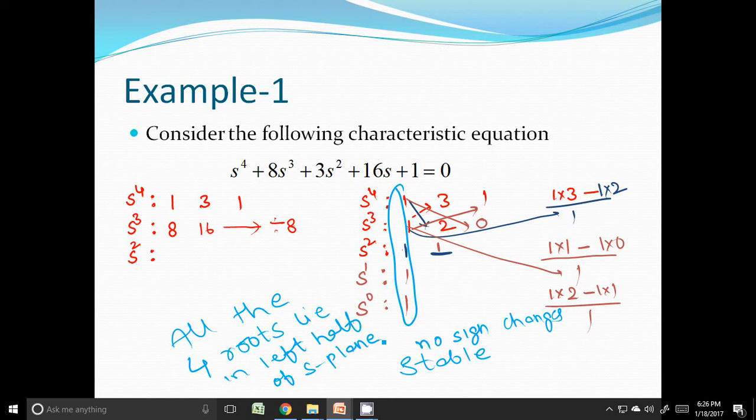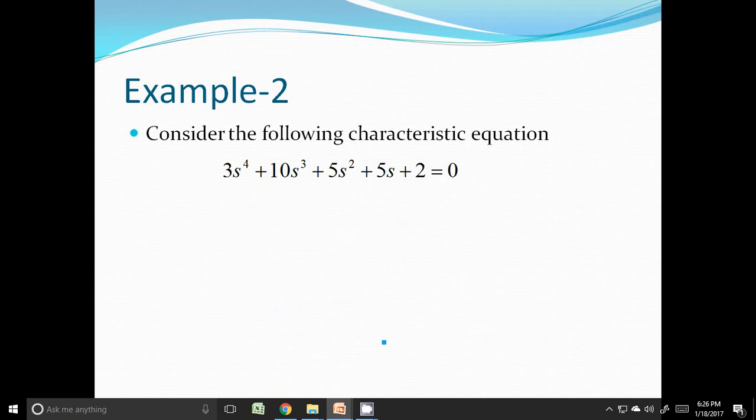Now we will try to understand the same concept with one more example. Consider the following characteristic equation: 3s power 4 plus 10s cube plus 5s square plus 5s plus 2 equal to 0. The maximum power is s power 4. The first row should consist of coefficients of even power: the s power 4 coefficient is 3, the s square coefficient is 5, and the constant term is 2.